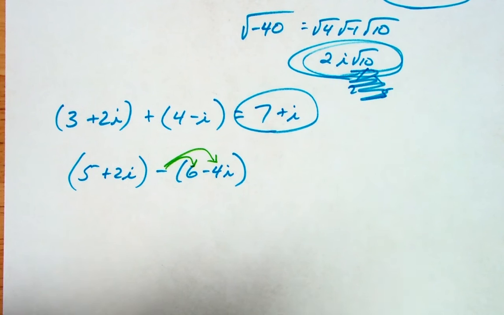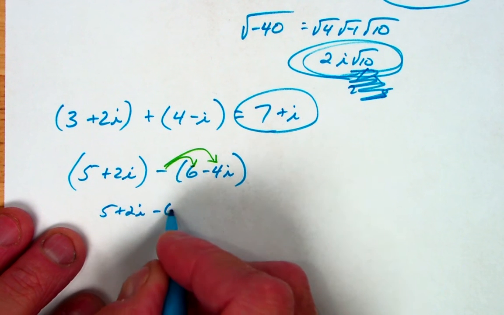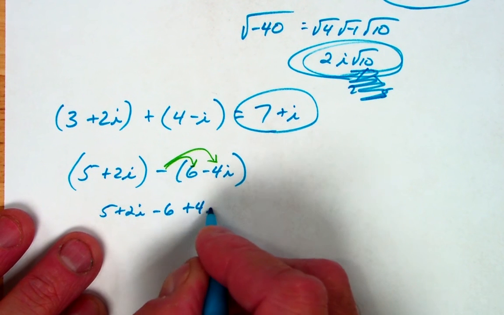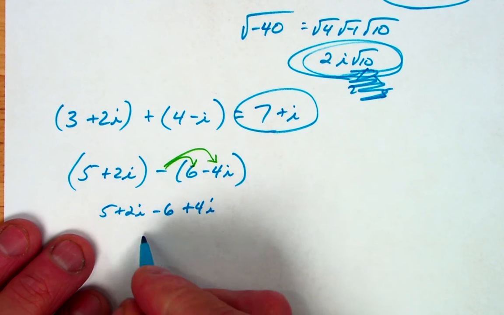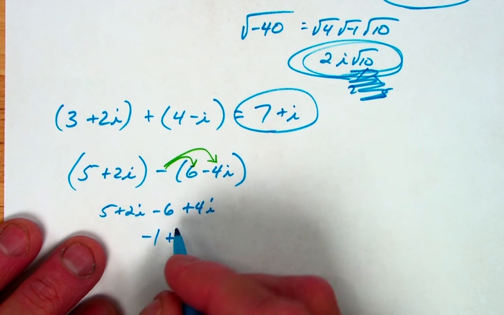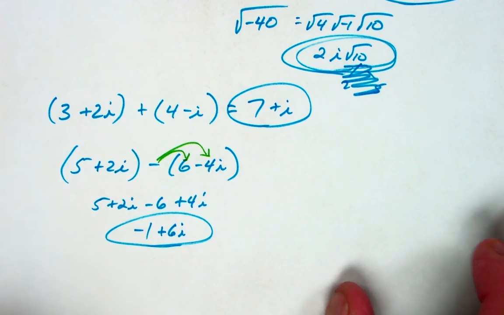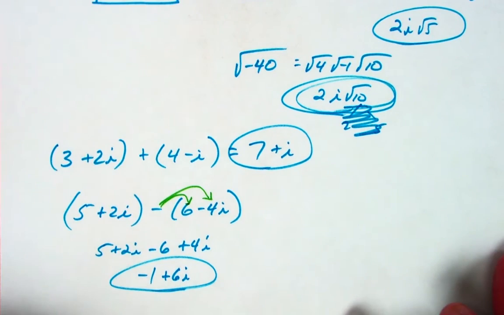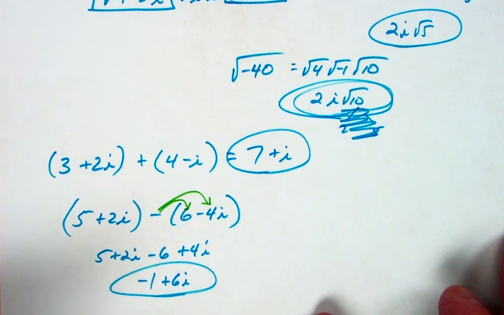Add the opposite, like you guys have added the opposite with your integers forever. So you get 5 plus 2i minus 6 plus 4i. So what do we get? Negative 1 plus 6i. Okay? So these i's are kind of weird, but I'm hoping that after you work with i's for a while, you'll start to see how it works.